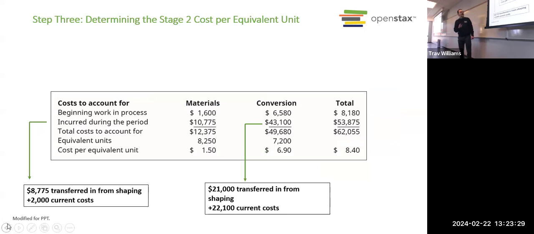I also pointed out that this department, because costs were getting transferred in and they were adding their own costs, we can see that down here. So they had, for example, the material costs of what they already had at the beginning of the period, plus everything they incurred during the period.